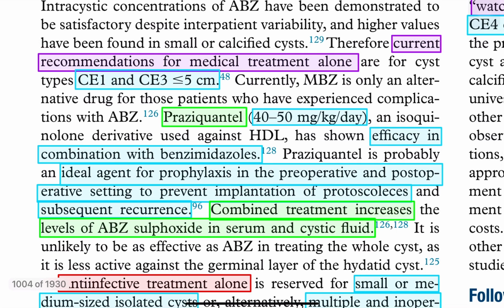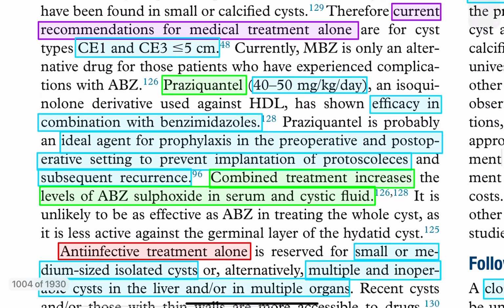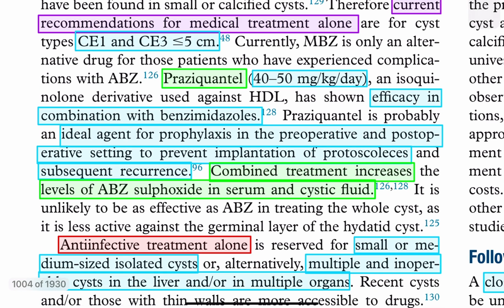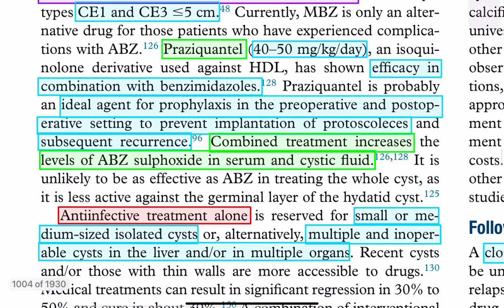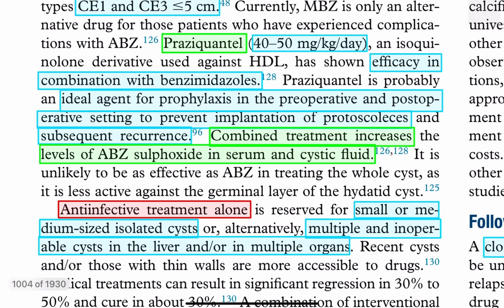The current recommendation is medical treatment alone in CE1 and CE3 less than 5 centimeter size. Praziquantel is also given, and the efficacy increases when albendazole is combined with praziquantel. The ideal agent for prophylaxis in the preoperative and postoperative setting to prevent implantation, protoscolices, is combination therapy.